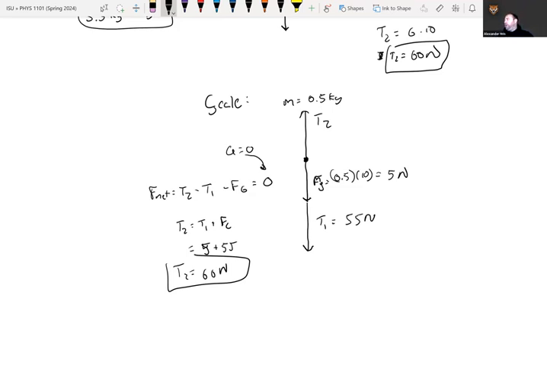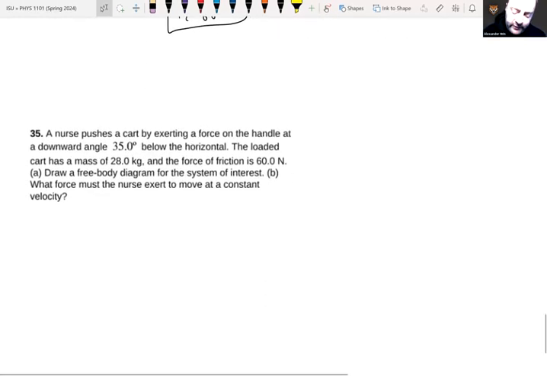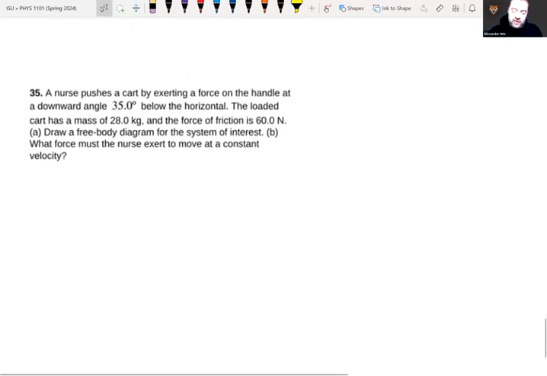All right, last one I want to take a look at. We have here a nurse who pushes a cart by exerting a force on the handle at a downward angle of 35 degrees below the horizontal.